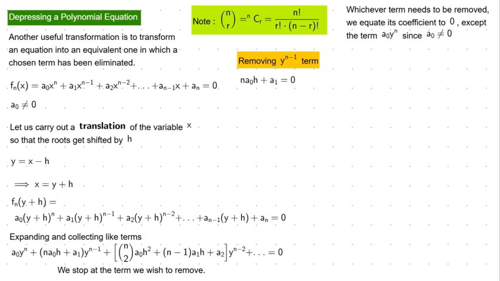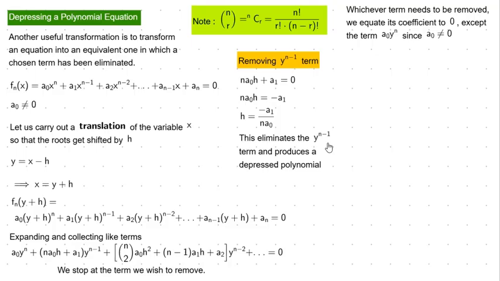And we solve it for h. We get h is equal to minus a1 by n a sub naught. So here, if we replace h with this expression, what will happen? The second term will disappear. So this eliminates the y to the power of n minus 1 term and produces a depressed polynomial.